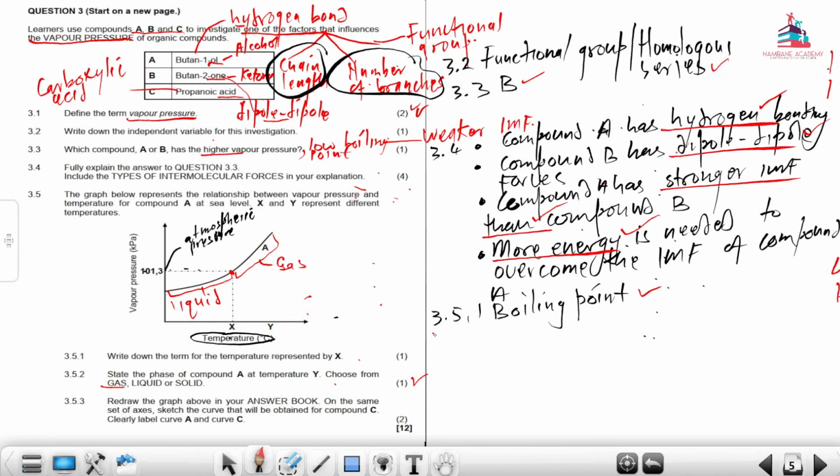and then we should be getting our 1 mark. Maybe I should also write it this side for the purpose of full answering of questions. So it must be a gas, and if it's a gas, then we give 1 mark. That should be correct.